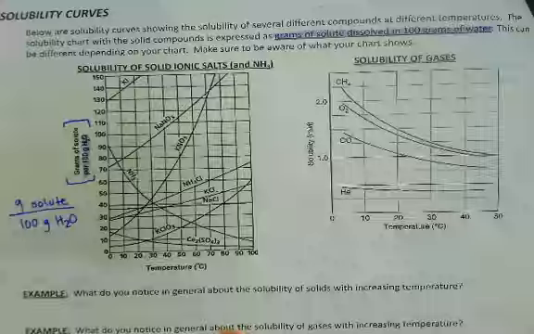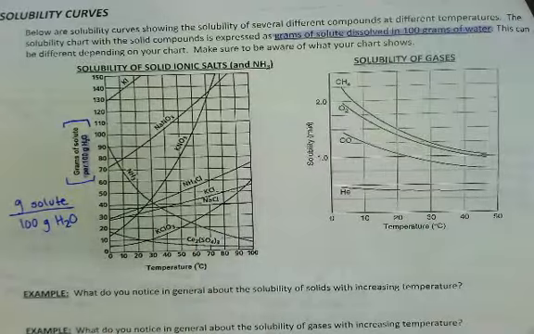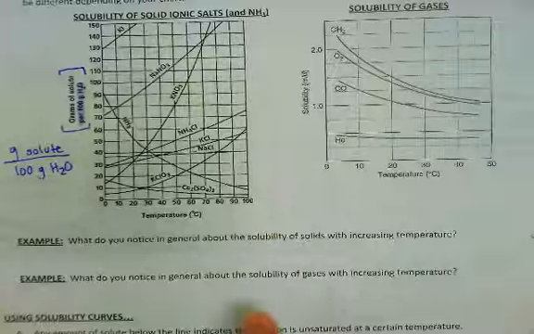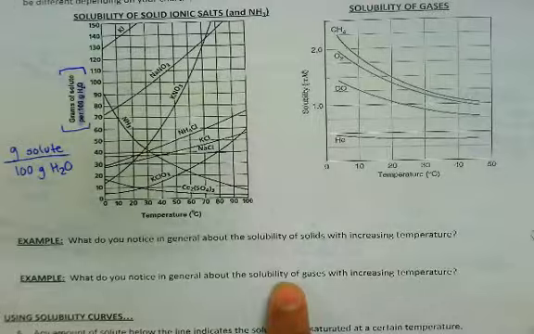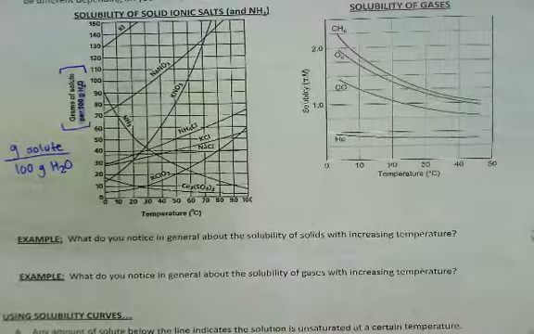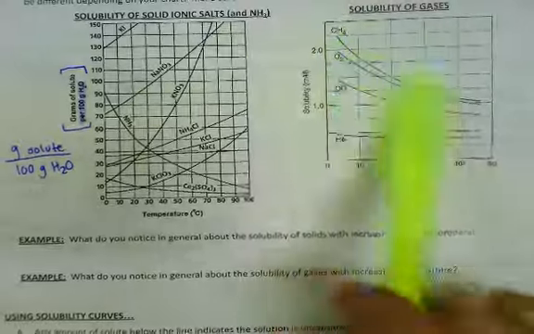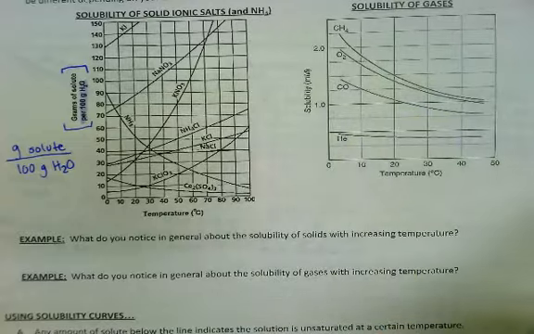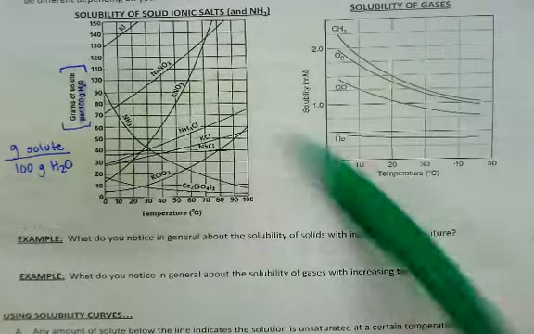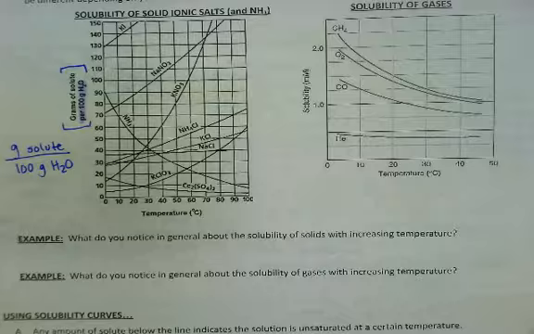And I want you to notice the general trend for the solubility of solids with increasing temperature and the general trend for the solubility of gases with increasing temperature, okay? I'm going to use this yellow marker to show when solubility is increasing as temperature goes up, and I'm going to use this green marker to show when solubility is decreasing as temperature goes up, okay?